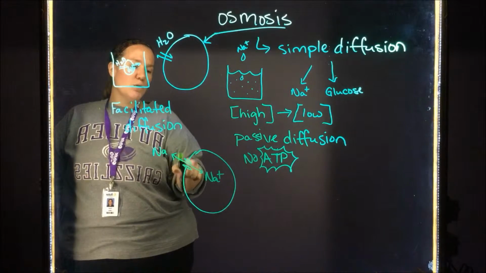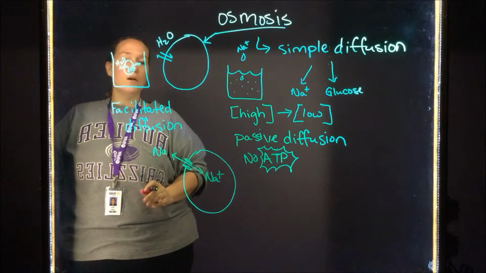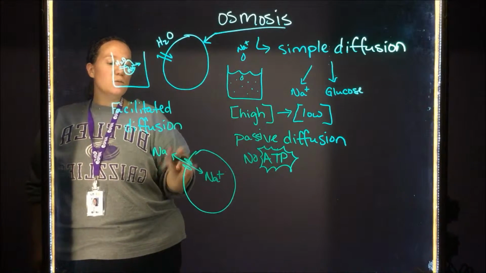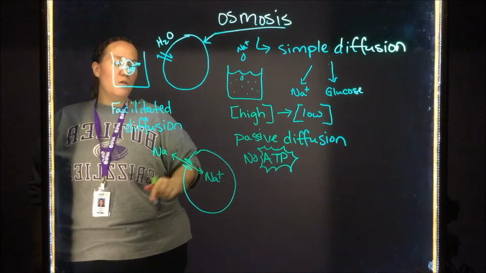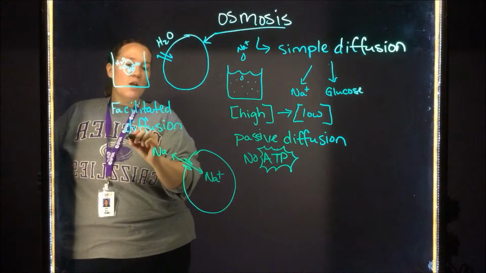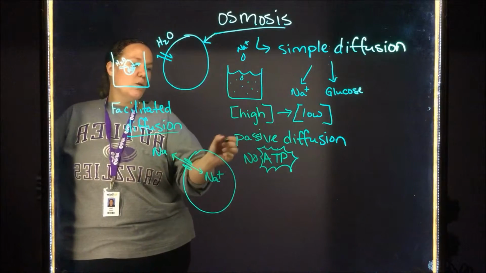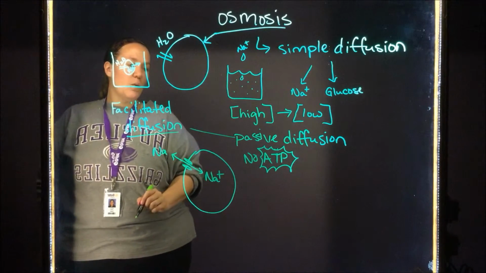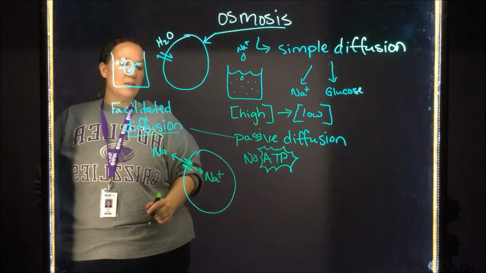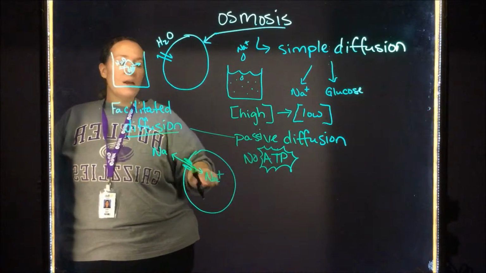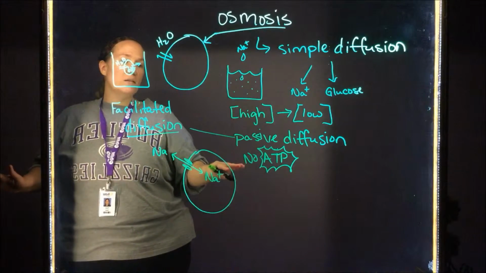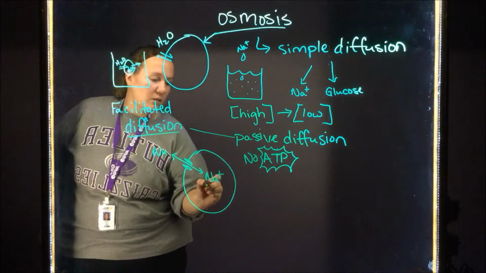We're gonna call this protein channel a facilitator. So it just makes it possible for the sodium now to move in and out. It's still diffusion, so it's still passive, okay? No ATP necessary. Sodium can go in and out at no cost to the cell. It's just gonna flow down its concentration gradient.